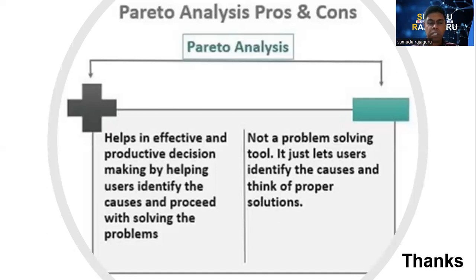There are four steps. The first step is to arrange the data in descending order. The second step is to calculate the individual percentage. The third step is to calculate the cumulative percentage. The fourth step is to draw the Pareto chart. We take all the causes on the x-axis. The usual y-axis represents frequencies.